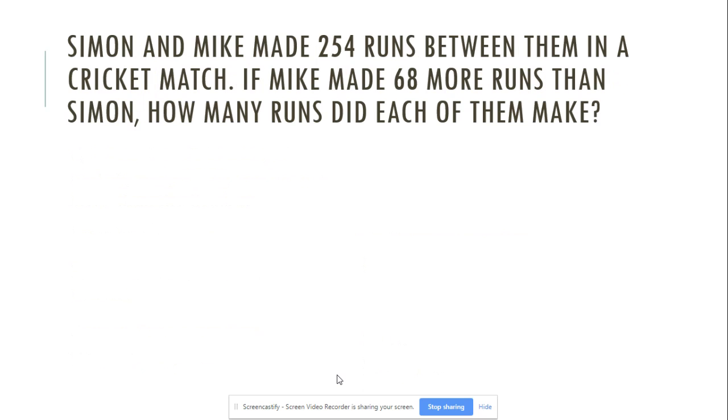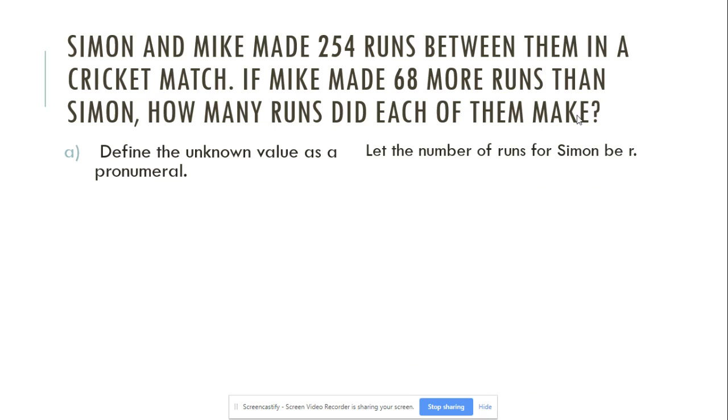Okay, now we're looking at something else. Simon and Mike have made 254 runs between them in a cricket match. If Mike made 68 more runs than Simon, so we don't know how much Simon made, how many runs did each of them make? Okay, so we start off by saying define the unknown value as a pronumeral. So we're going to say the runs for Simon is R. And you can use whatever you want, unless it tells you.